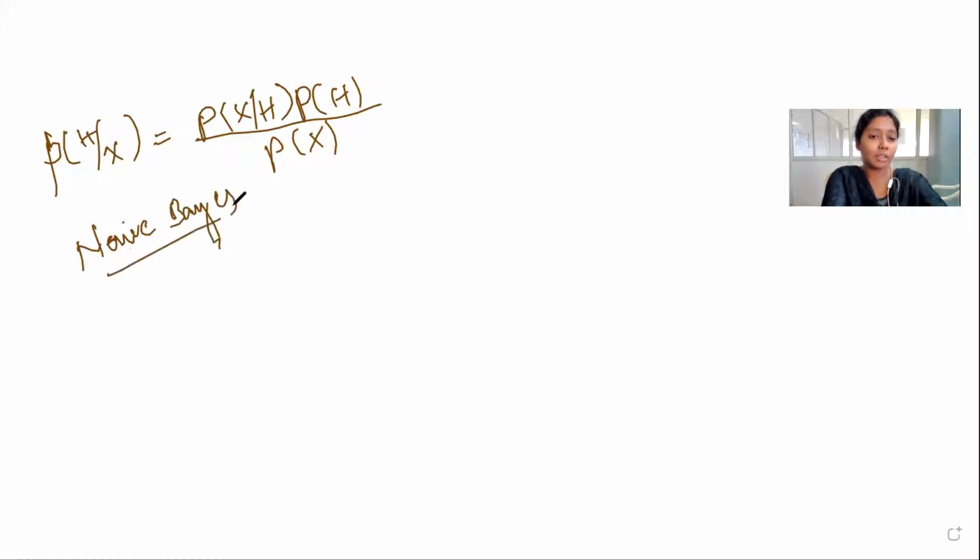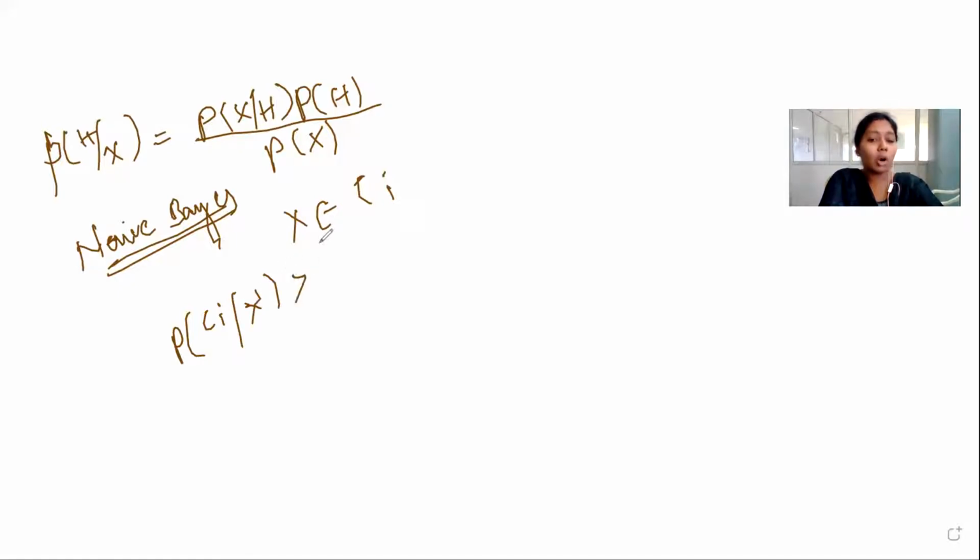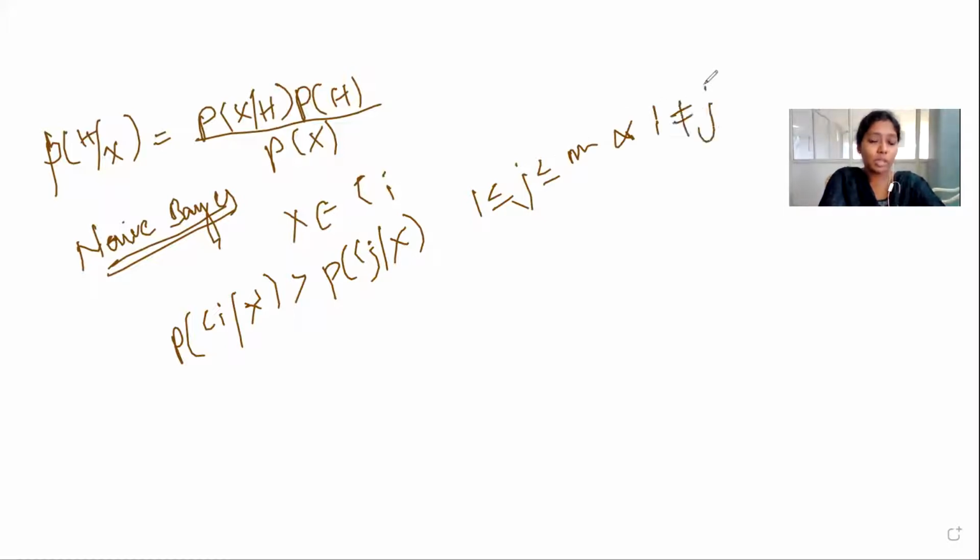Naïve Bayes classification says that a tuple X belongs to the particular class Ci if and only if its posterior probability, P(Ci|X), is greater than the posterior probabilities of all other classes, that is, greater than P(Cj|X), where j lies between 1 and m and i is not equal to j. This is the condition we discussed in the last class.